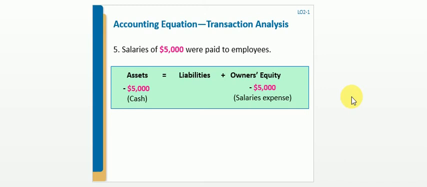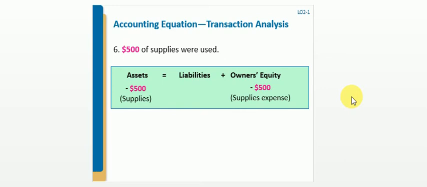And the expenses component will decrease the asset side as well as the owner's equity side. This transaction states that the company paid salaries of $5,000 to employees. This is an expense to the entity, thus reducing owner's equity and decreasing cash by $5,000.